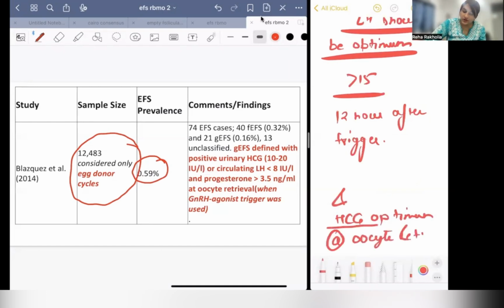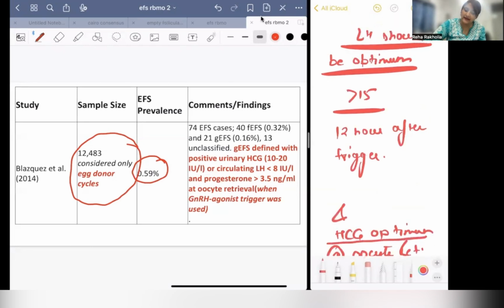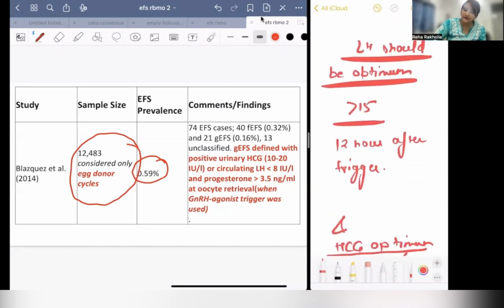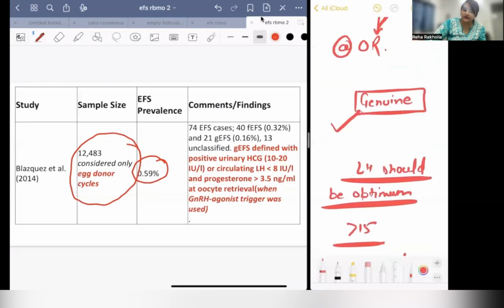This is the definition of genuine empty follicular syndrome. In this study, it is contradicting the previous definition. They took genuine empty follicular syndrome as this; they defined it like this.